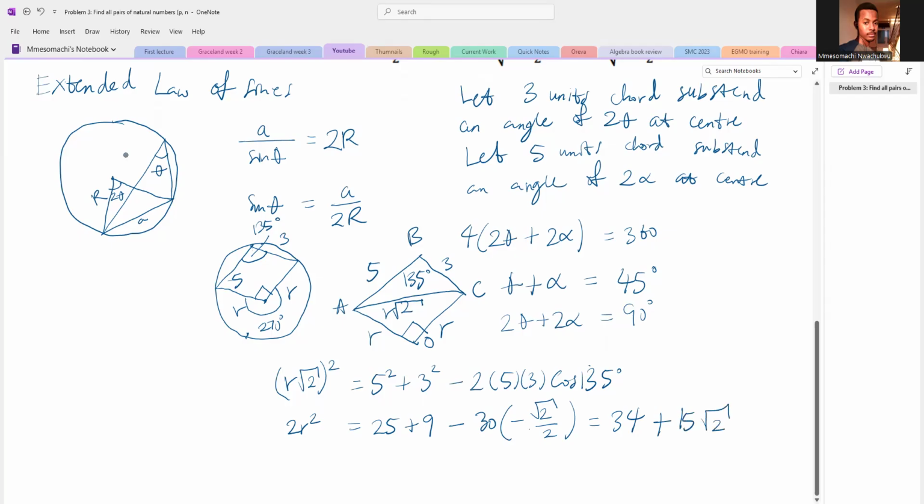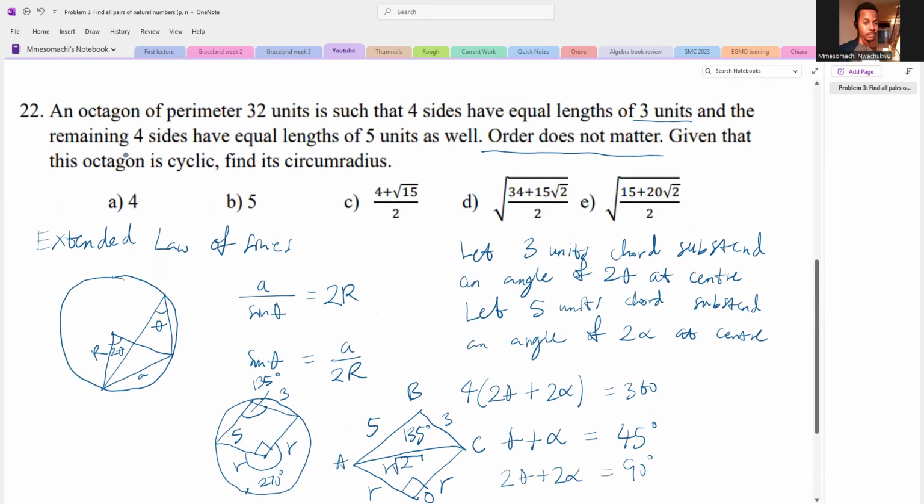So we have R is equal to the square root of 34 plus 15 root 2, all divided by 2. And that is option D.